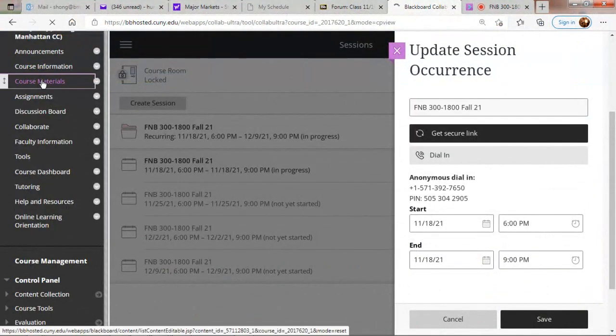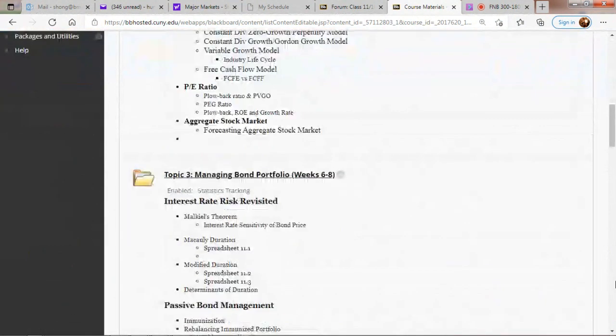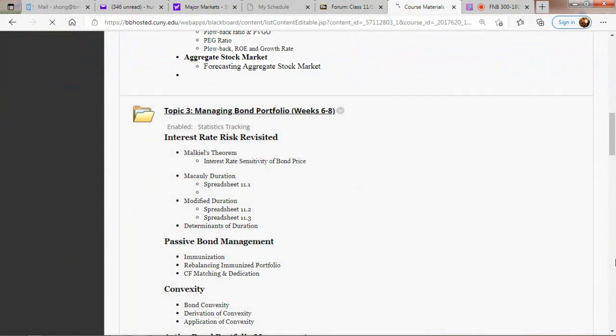It's very slow at my end, but I told you last time to download all those files. So you should have it on your computer already.